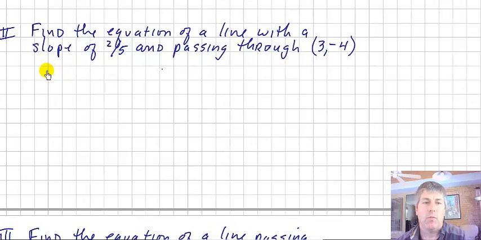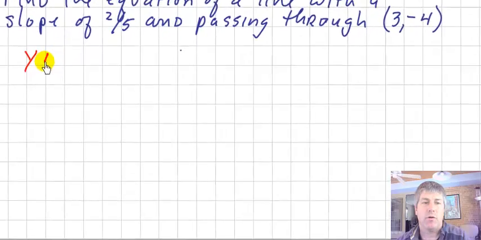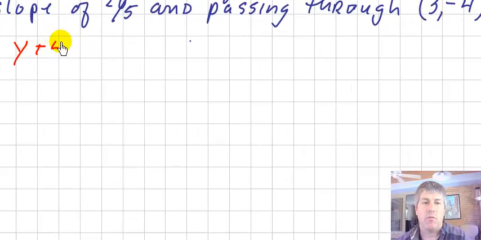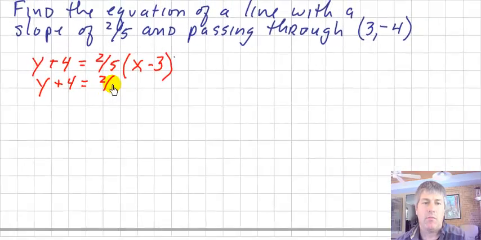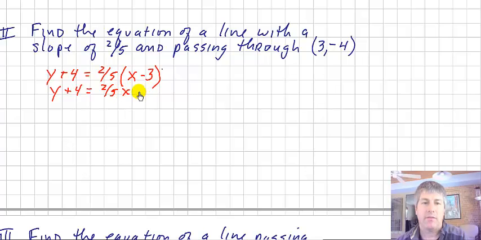Using point-slope form, we have y minus y1, so y minus a negative 4, so y plus 4, equals 2/5 times the quantity x minus a positive 3. We'll distribute the 2/5, so y plus 4 equals 2/5 x minus 6/5.